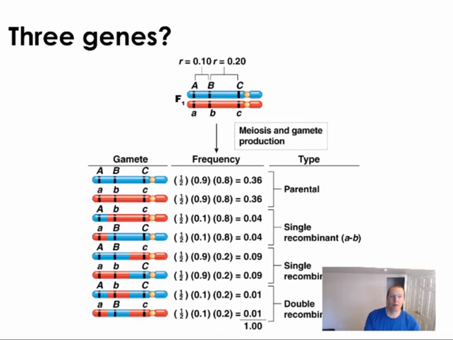So if we predicted a frequency of 2% for these double recombinants, there's a good chance you're going to see much, much lower than that in the actual observed double recombinants. So you can calculate what the interference is in the double recombinants and whatever use that might be to people. So that's interference. You'll read about that, I'm sure.